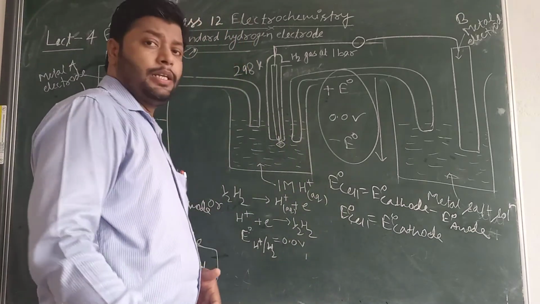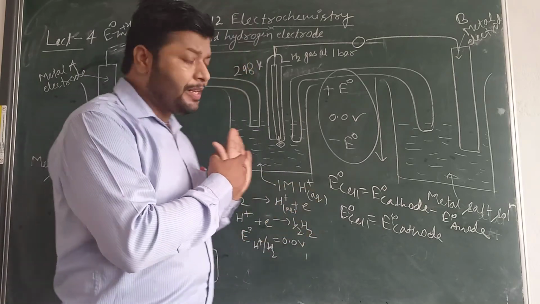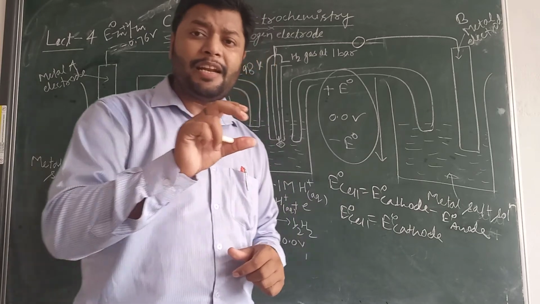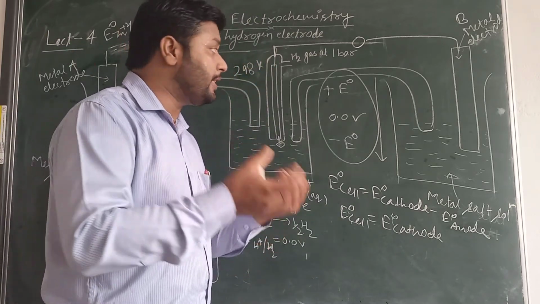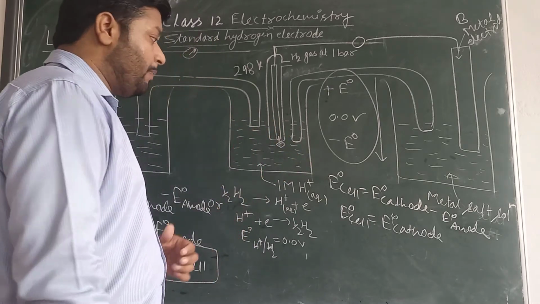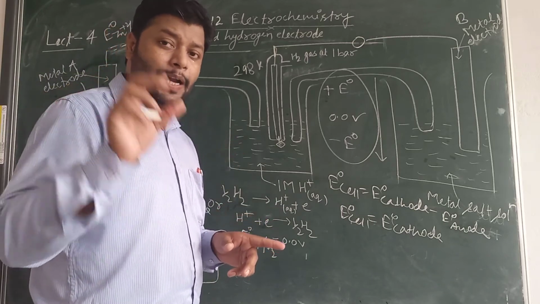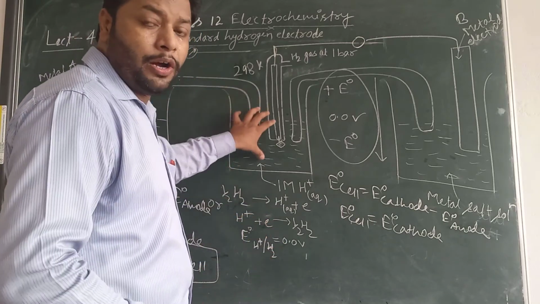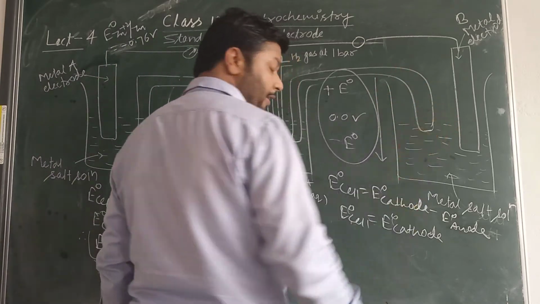One more thing. Always we have a process of representation. We have a cell representation. How to represent a particular given cell? By convention, the anode must be drawn on the left side and the cathode must be drawn on the right side.